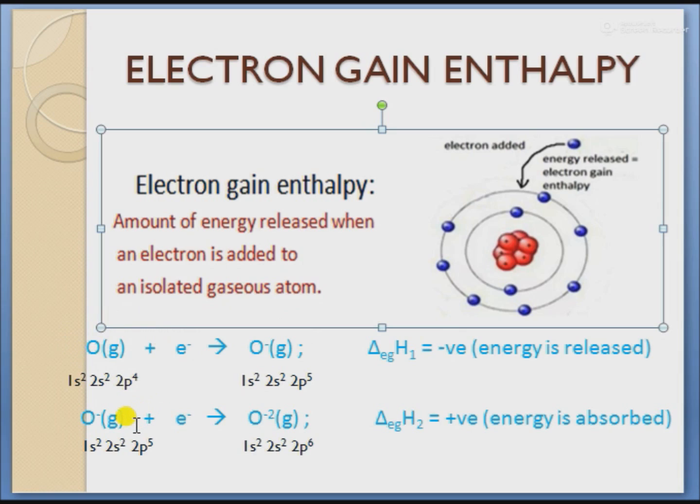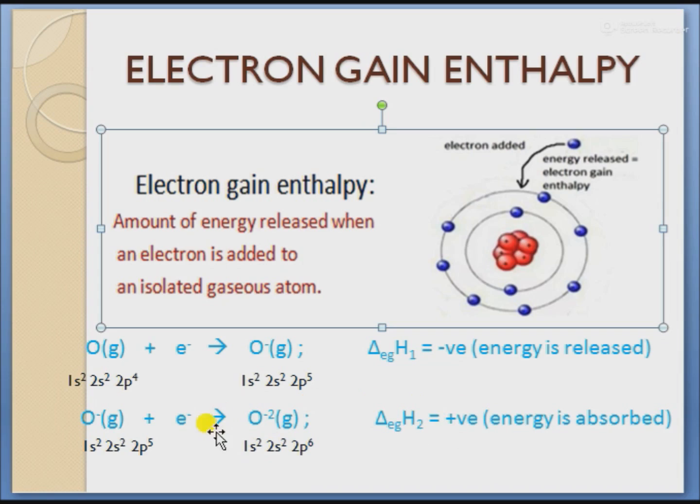In the second step, when the oxygen ion accepts an electron, its electronic configuration changes from 1s2, 2s2, 2p5 to 1s2, 2s2, 2p6, meaning noble gas configuration, and the ion becomes O2 negative. Here the energy is absorbed, and the electron gain enthalpy for the oxygen ion is positive.